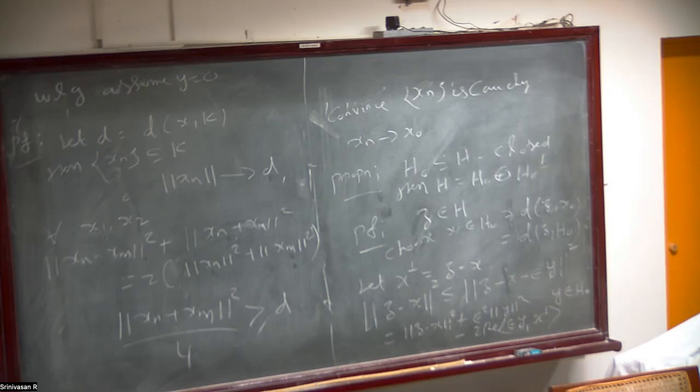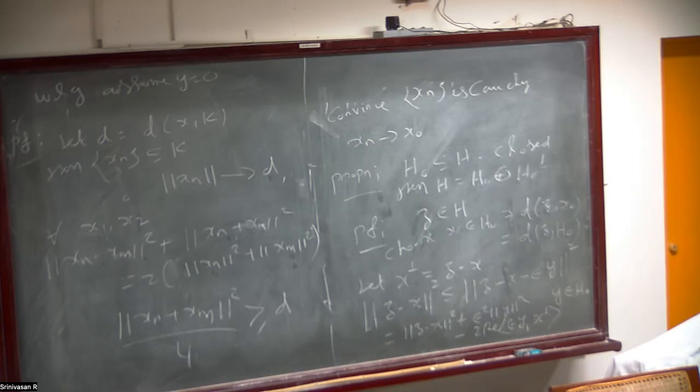How do you decompose H? H naught and H naught perp, right? So something in H naught will be there, something in H naught perp will be there, and whatever is in the H naught perp part should be zero. Now z is in the H naught double perp, so z is equal to x plus x perp, with x in H naught.